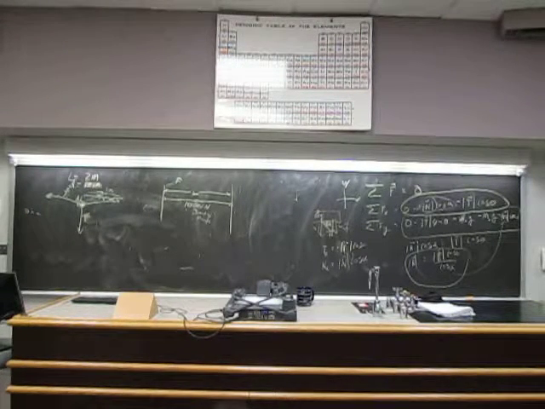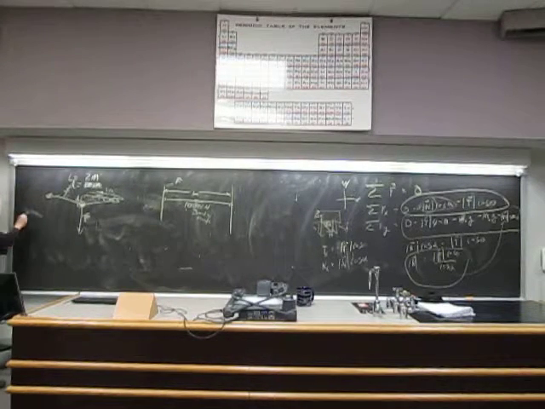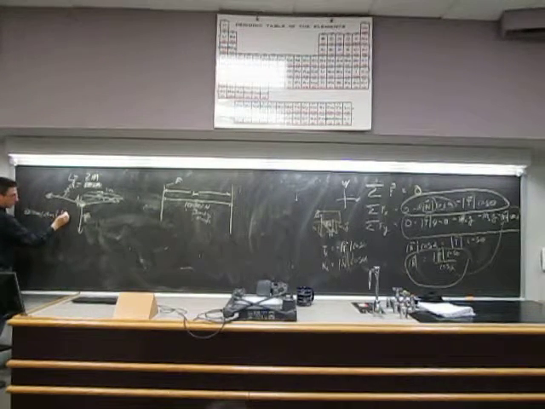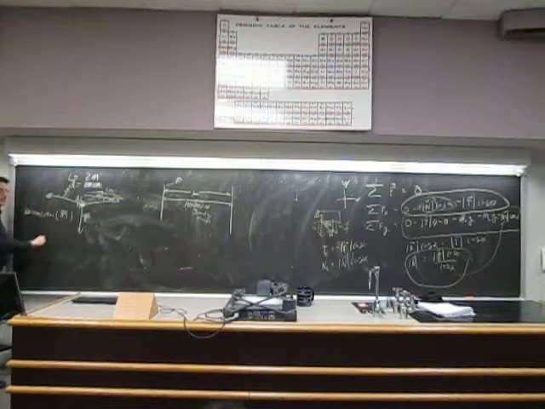It's the tangent of 10 centimeters over 1 meter. So theta is the arctangent, or inverse tangent, of 10 centimeters over 1 meter. What's that? 0.1, isn't it?